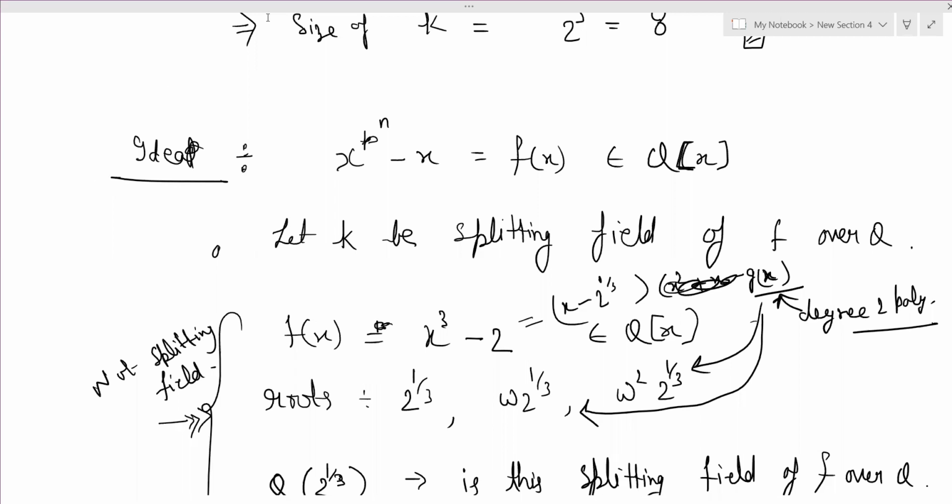Intuitively it is clear: any polynomial over Q will have roots at least in C. So C will be a splitting field, but there can be some smaller than that. But in C you can always get linear factors. So a splitting field always exists. This should not be that tough a statement, at least intuitively it is easy. So you can assume this one. So let K be the splitting field of f over Q.